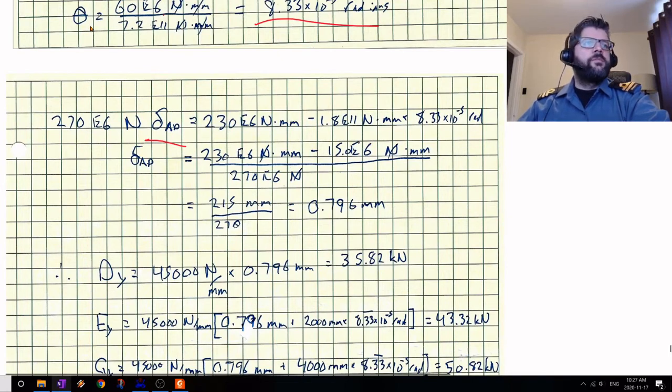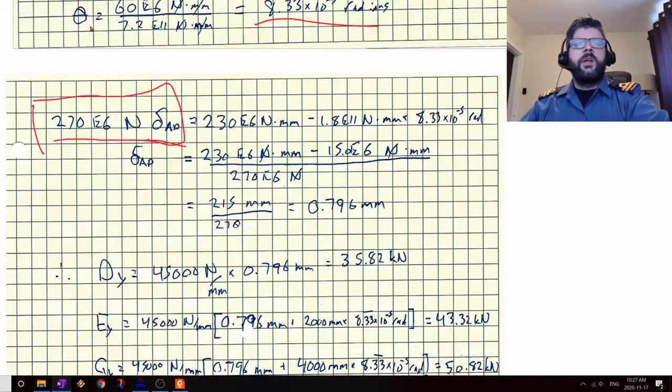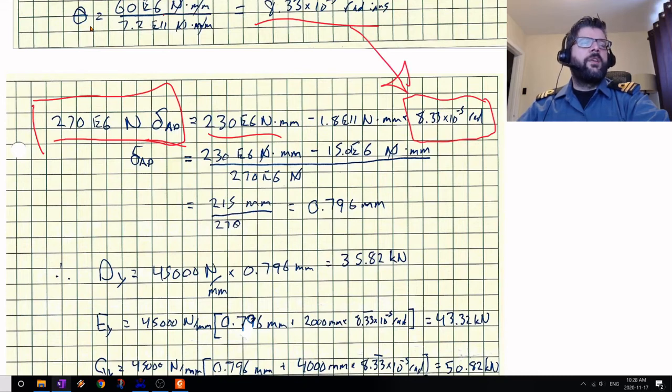So again, just reusing the equation that we had already used, 270 times 10 to the 6 newtons delta AD is equal to 230 times 10 to the 6 Newton millimeters minus, and again we're just plugging in the value, 1.8 times 10 to the 11 Newton millimeters times what we found for our angle, 8.33 times 10 to the negative 5 radians.